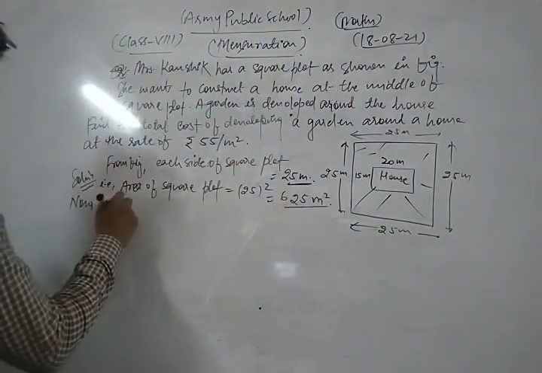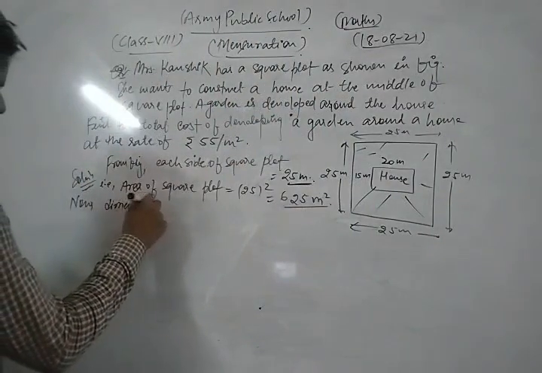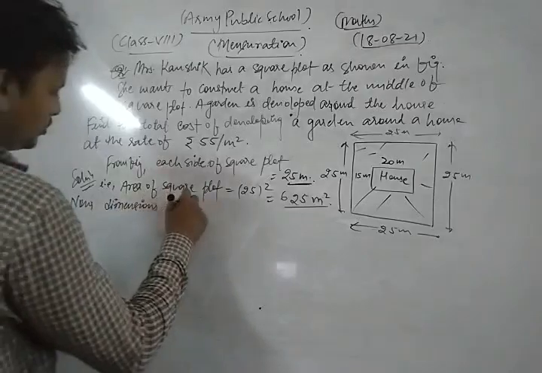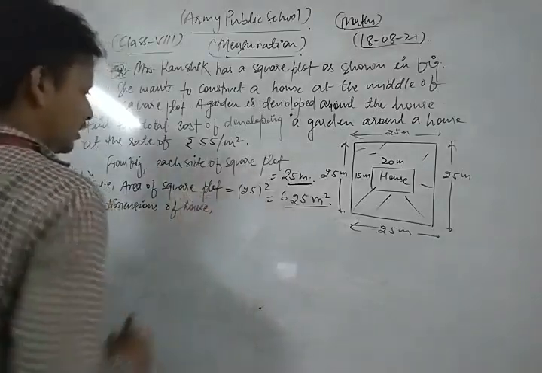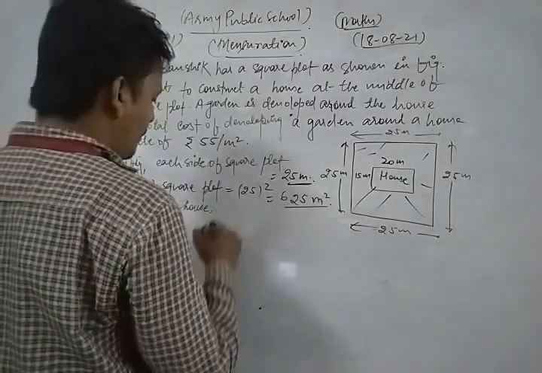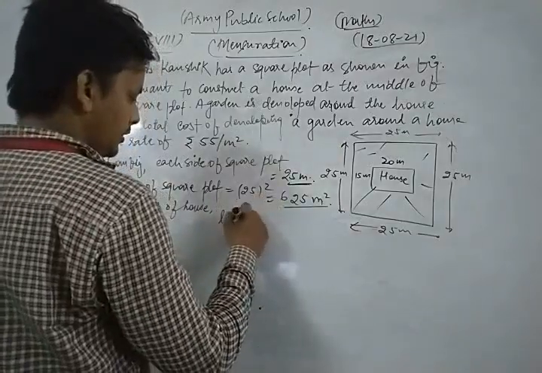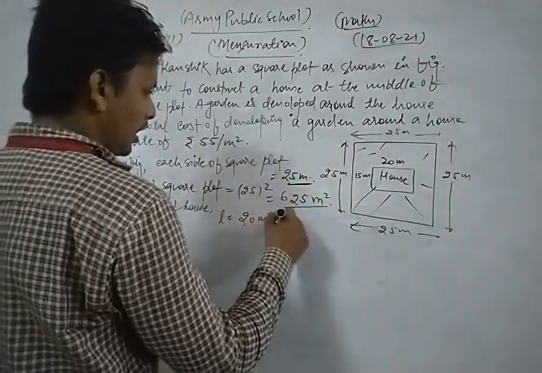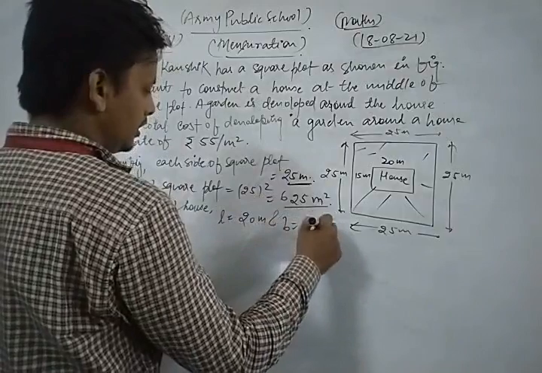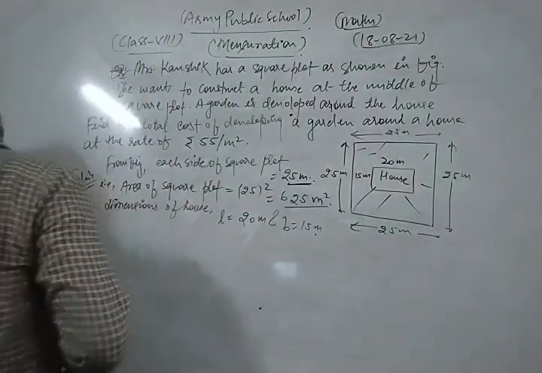Dimensions of the house: length is 20 meter and width is 15 meter.